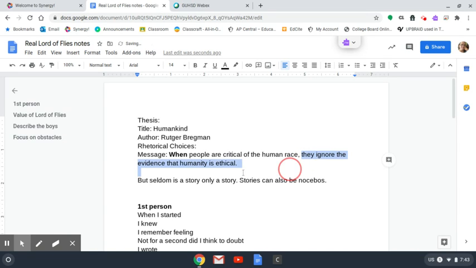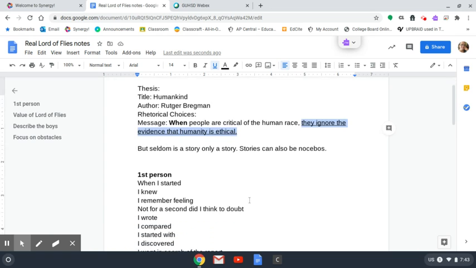This is now my independent clause, which means it's my main idea. So I am looking for what choices Bregman uses to prove that humanity is ethical.